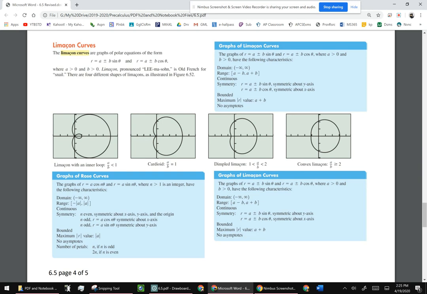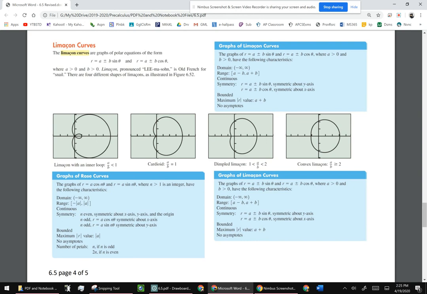And that's the first example we did, except it was sine. If A is bigger than B, but not twice as big, then you're going to get a dimple. And if A is more than twice as big as B, then you end up getting a convex, which is that fourth example. These are just characteristics of it.